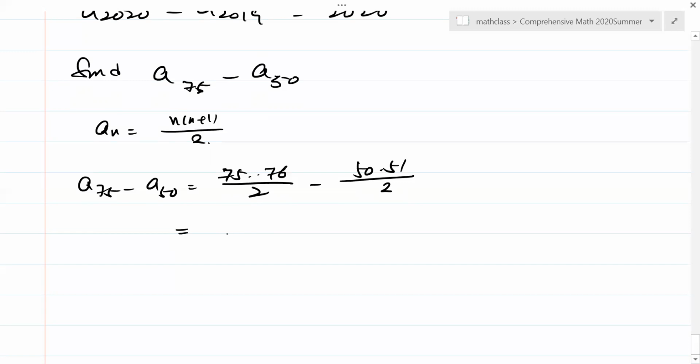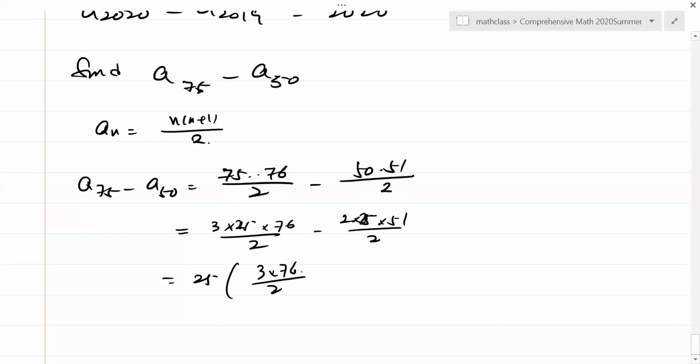It's going to be 3 times 25 times 76 minus 2 times 25 times 51. So you have 25 taken out. Then you have 3 times 76 minus 2 times 51, over 2.